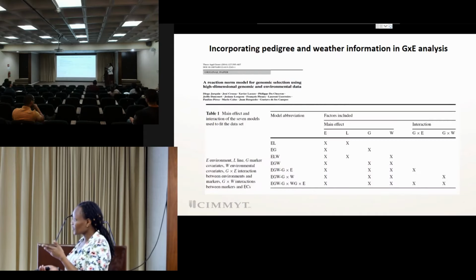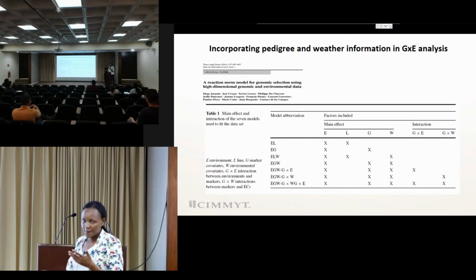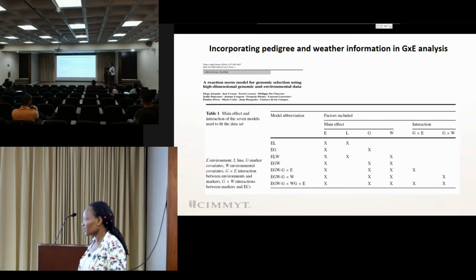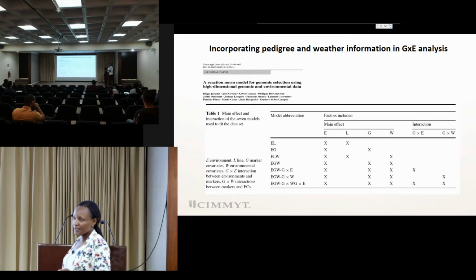But what I hope to do is to formulate models which are going to be different at each point. Let's look at maybe the last model, where we are looking at environment, marker effects, weather information, and the G by E. So this is similar to what I'm trying to do, to dissect this G by E and understand its structure.